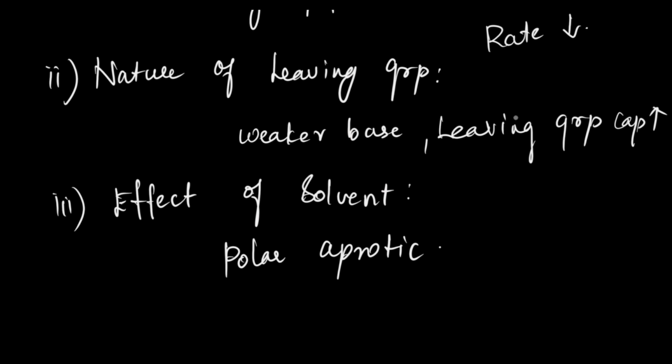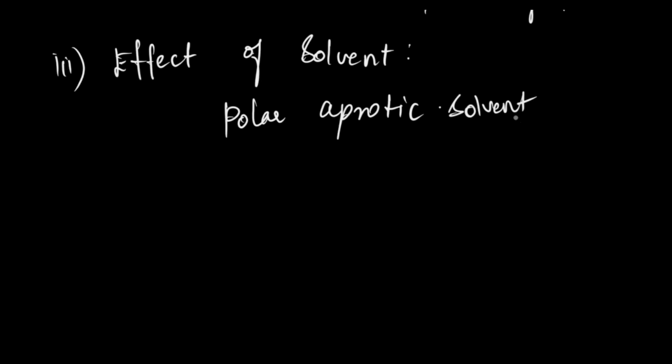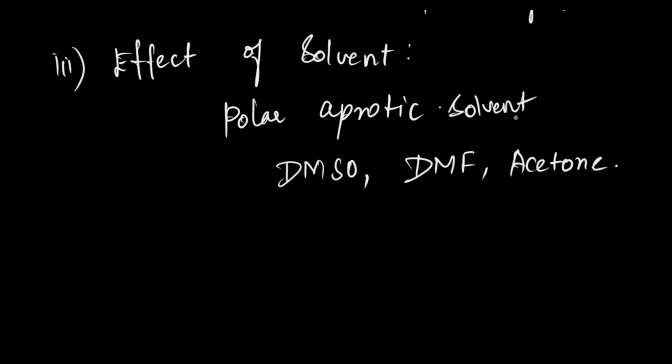Here, polar aprotic solvent is most favorable, where the hydrogen is not taking part much. For example, aprotic solvents are DMSO, DMF, acetone. So these are some polar aprotic solvents.